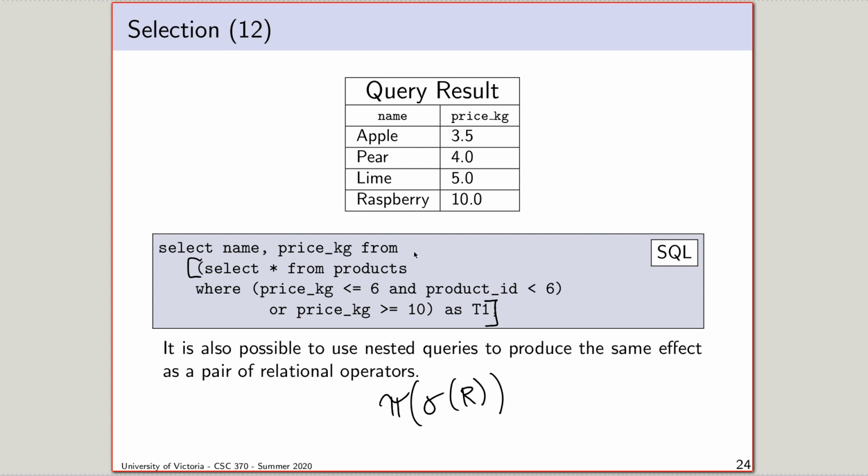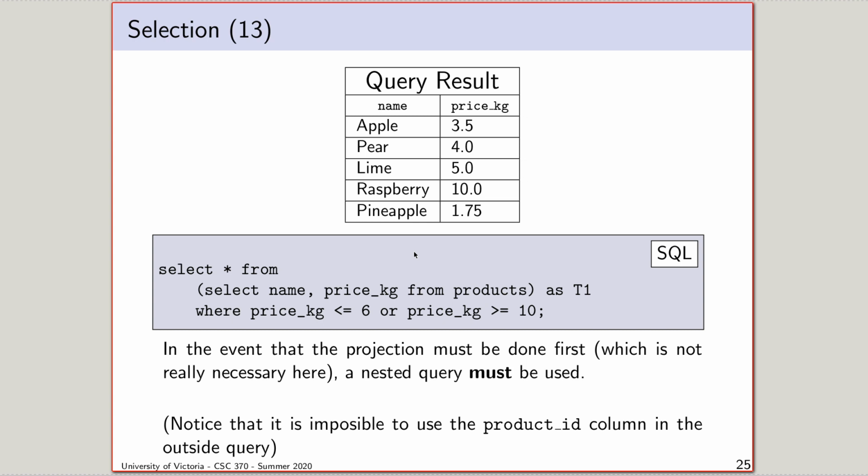Because I can split things into as many nested queries as I need to, I am able to actually do sigma and then pi. Because here, this is a select that just does a projection, and I can't do the outer select until I've done the inner select, so I do the projection first, and then I search the result.